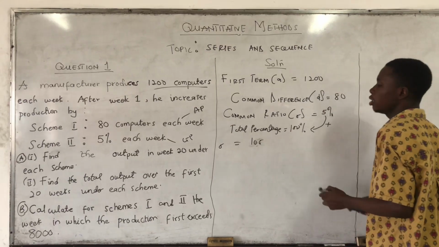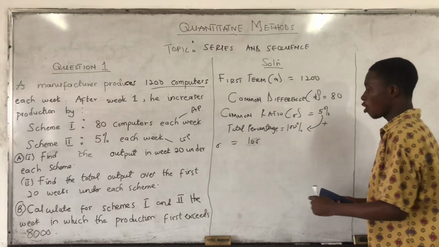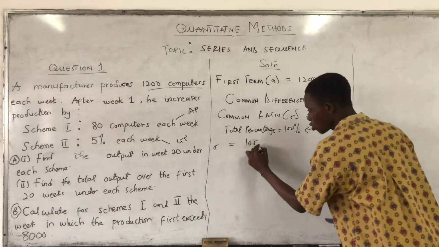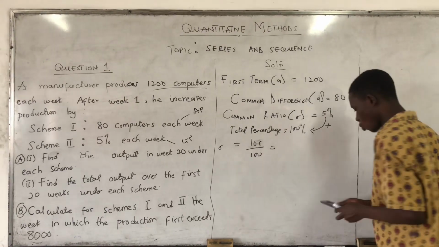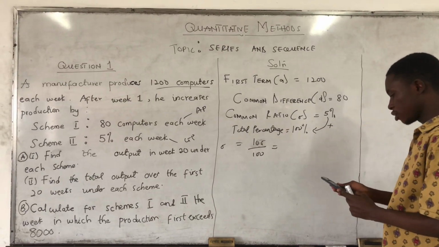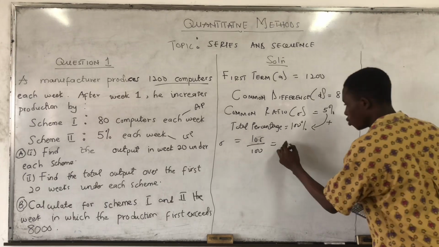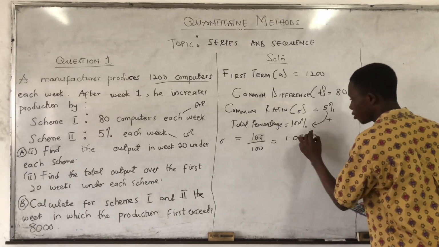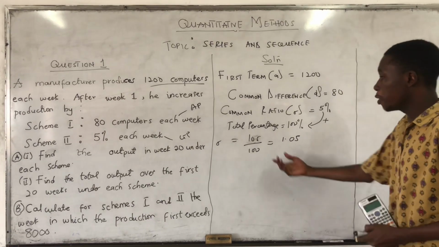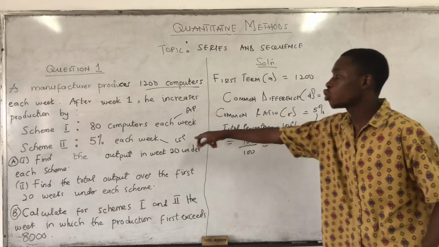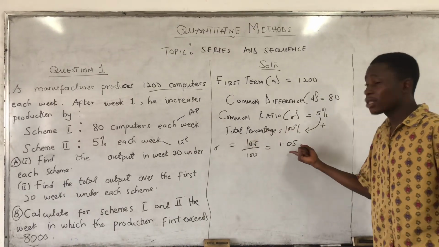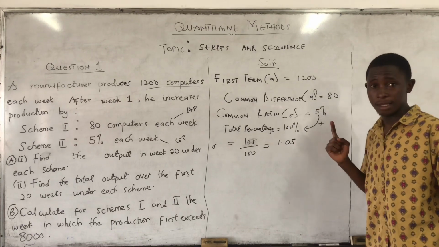Then we divide this by the total percentage, which is 100. So 105 divided by 100 gives 1.05. The actual common ratio we are going to use to calculate our geometric progression is 1.05 and not 5%.